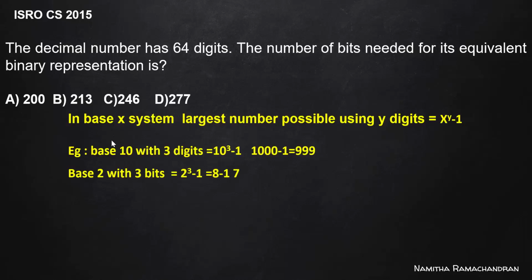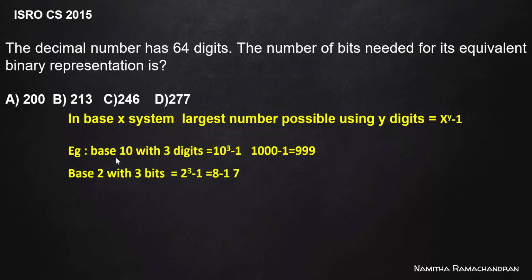For this, in general, in a base X system, the largest number possible using Y digits is X to the power Y minus 1.